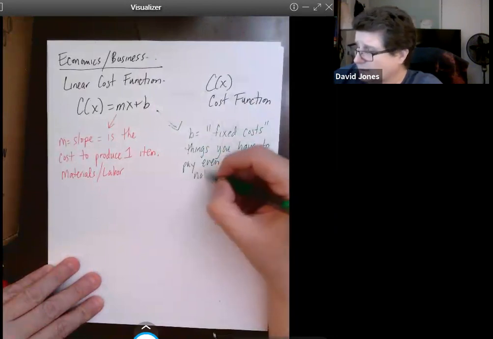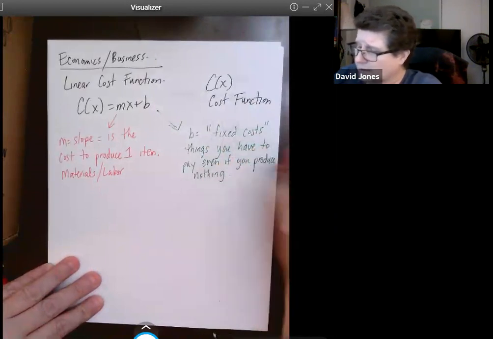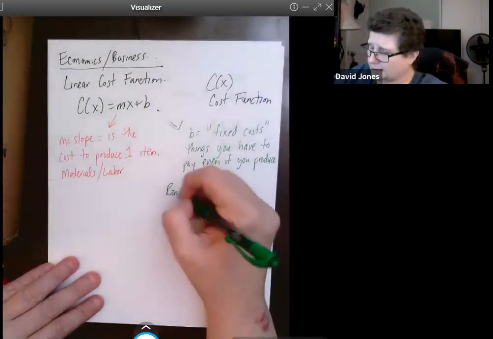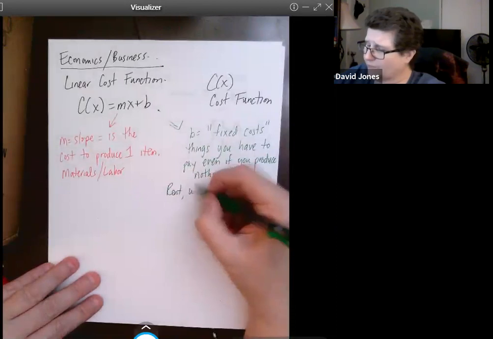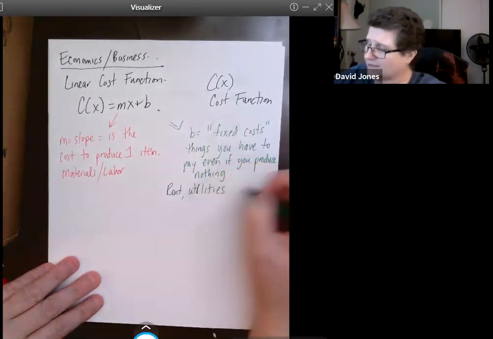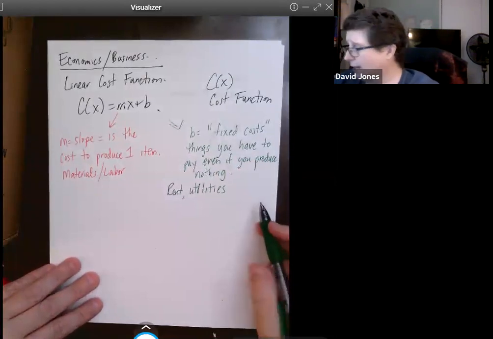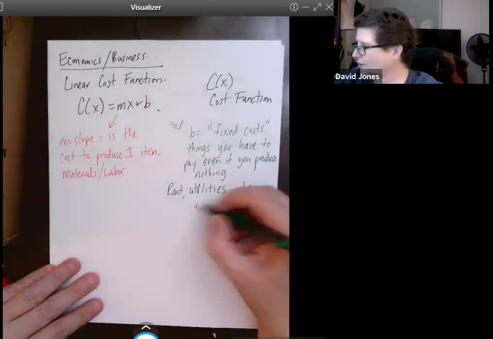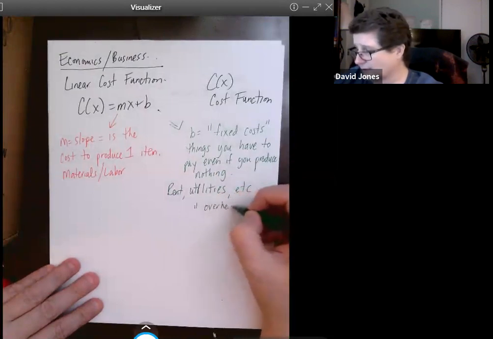This includes things like rent for your office space or factory space, utilities, you've got to pay for electricity, water, stuff like that. Another name for these things, they're also called overhead costs.